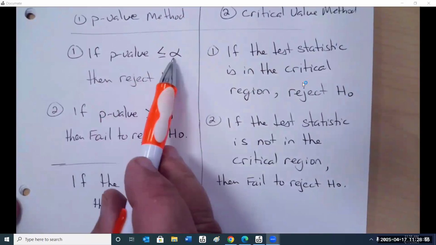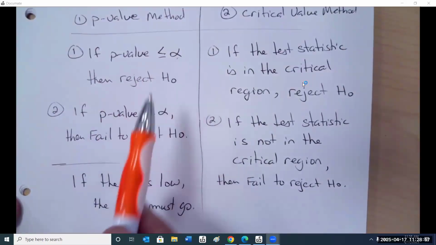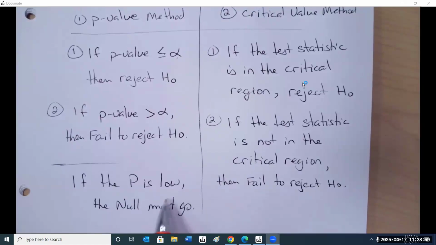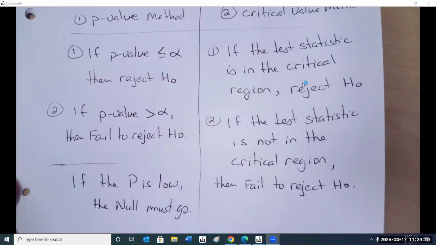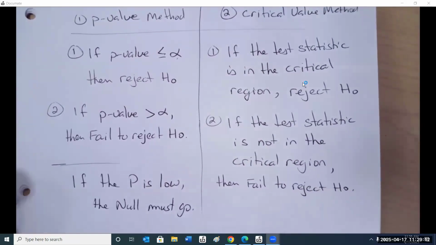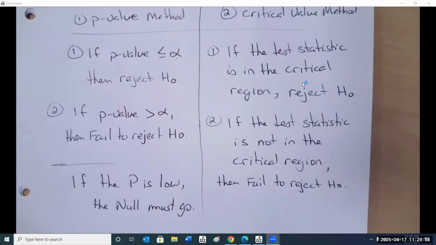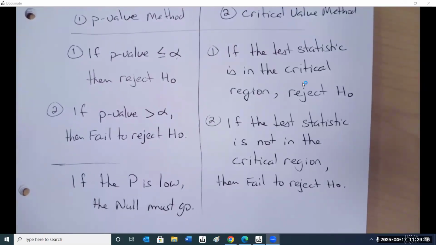So if your p-value is less than alpha, then reject it. So if your p is low, the null must go. So we've talked about the p-value and the critical value. Now we have the last of the three methods, the confidence interval method.